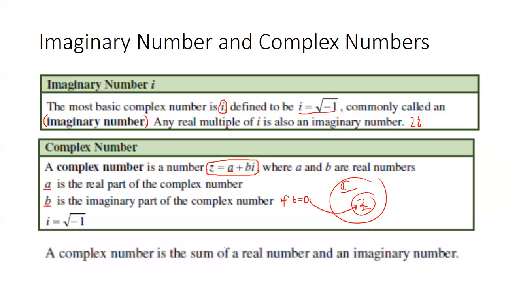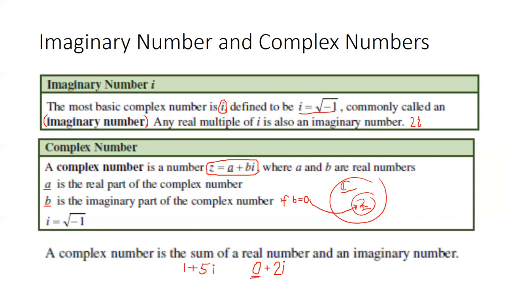So a complex number is the sum of a real number and an imaginary number. You could think of a complex number as 1 + 5i. Or believe it or not, 2i is not only an imaginary number, it's also a complex number, because I can think of 2i as 0 + 2i.